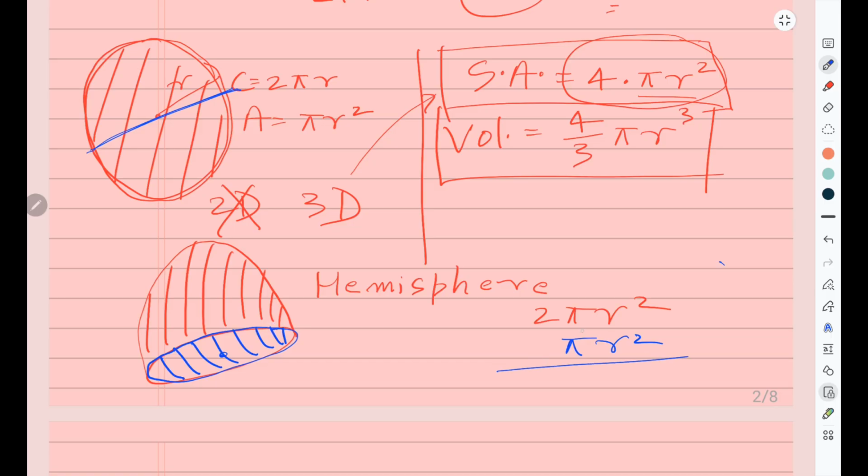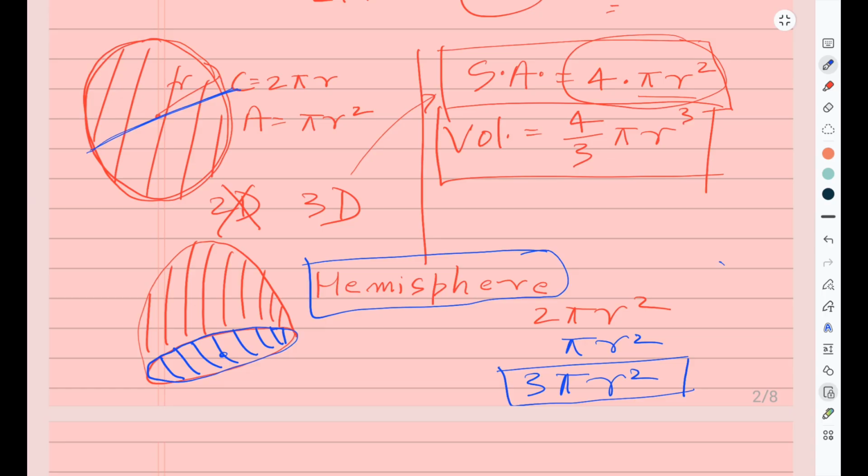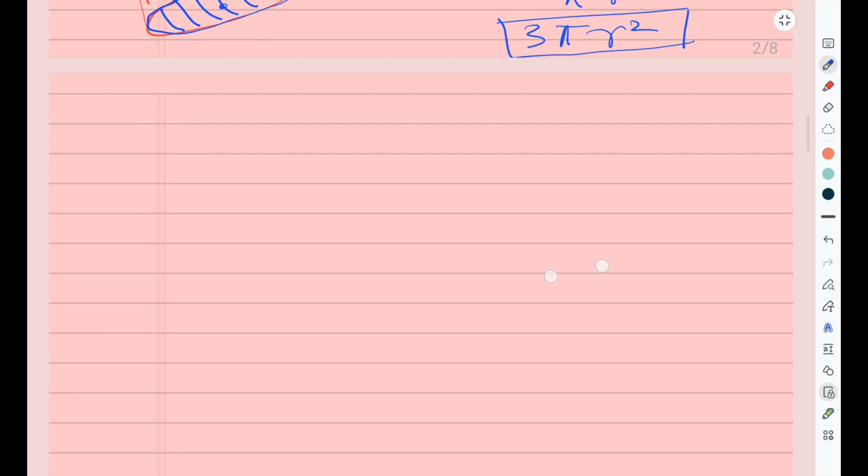So in that case, for the whole surface area of a hemisphere, we have to add these two areas, which is equal to 3 times pi r square, okay? So these are a few things which we should be able to imagine, okay? So now we have seen, in a way, circle and sphere. Let us go forward and quickly review some other things also.